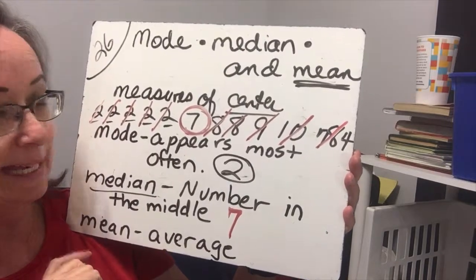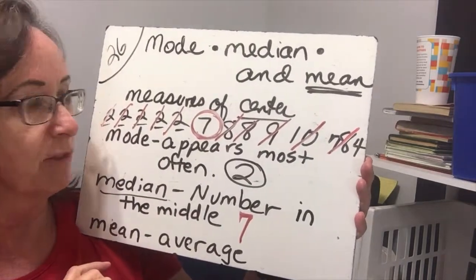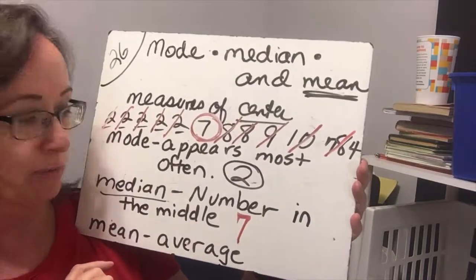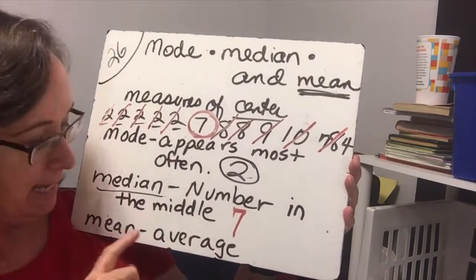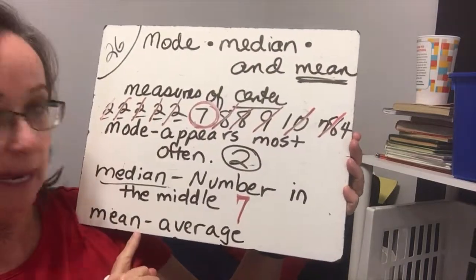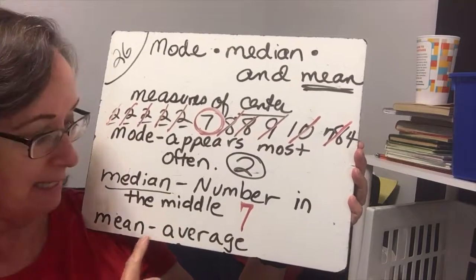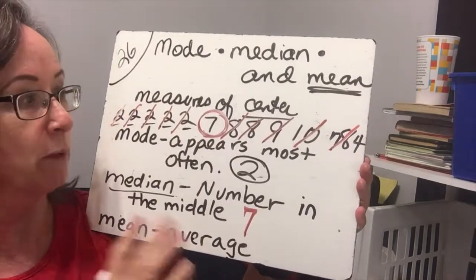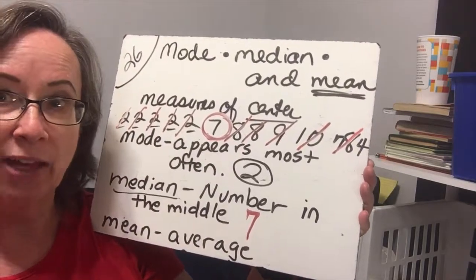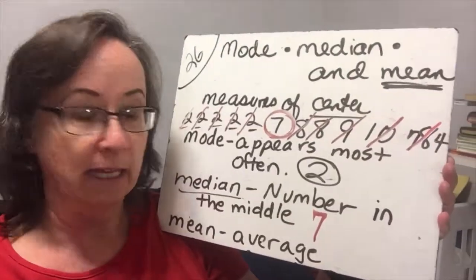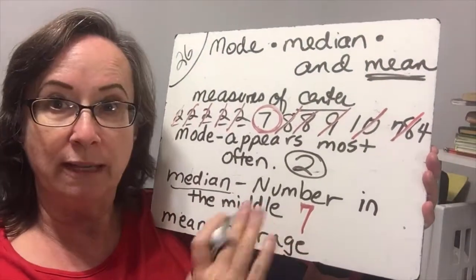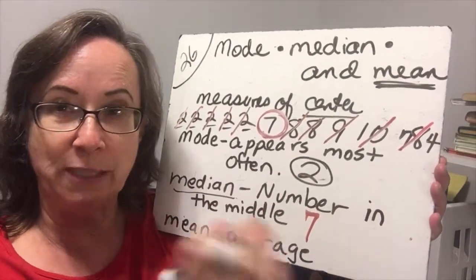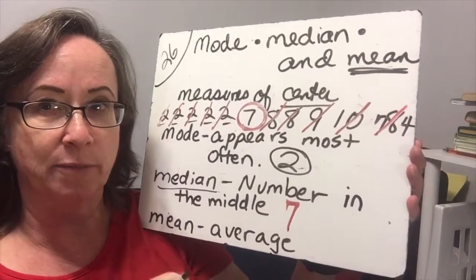Okay, the last vocabulary word that we're learning for our statistics here is the mean. And the mean is the average of the numbers. And remember, when we're finding an average, we add all of the items together and we divide by the number of items we have.